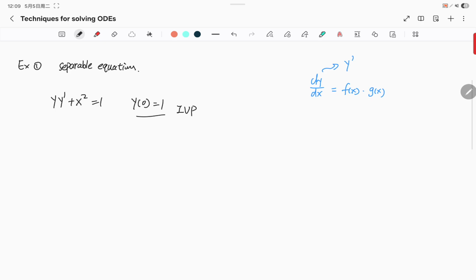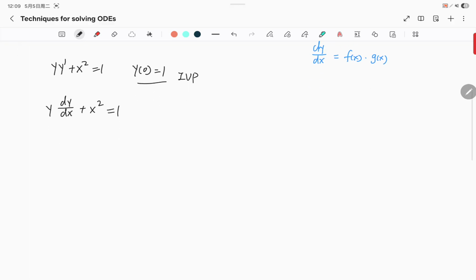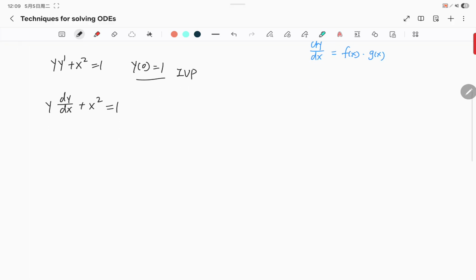Okay, personally I prefer writing y prime as dy over dx. So we're going to transform this equation as y dy/dx plus x squared is equal to 1. So we're going to put x on the right hand side and y on the left hand side.